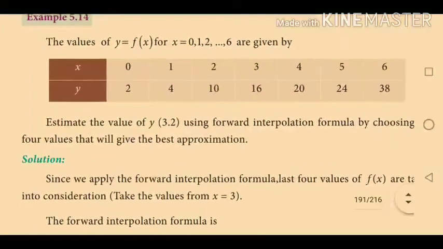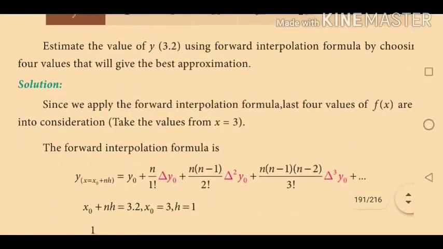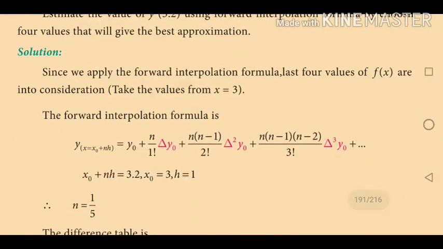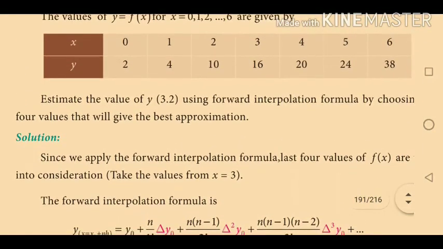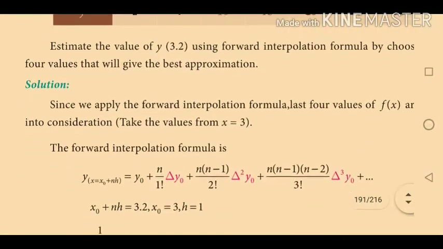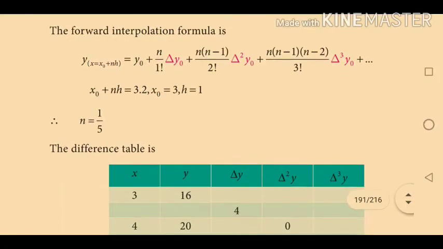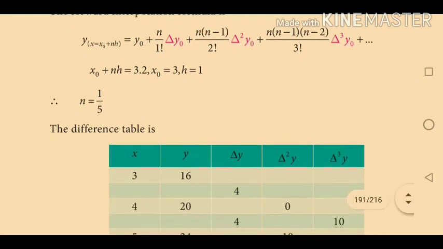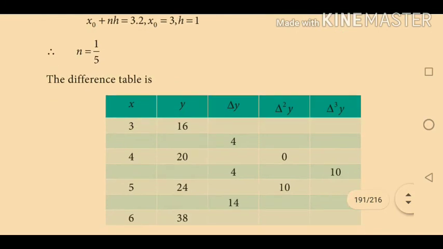Consider the last four values of f(x). x0 is 3, h equals 4 minus 3, which is 1, and n equals 1 by 5.